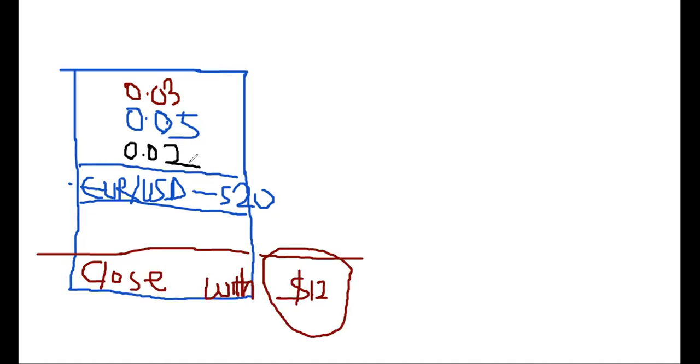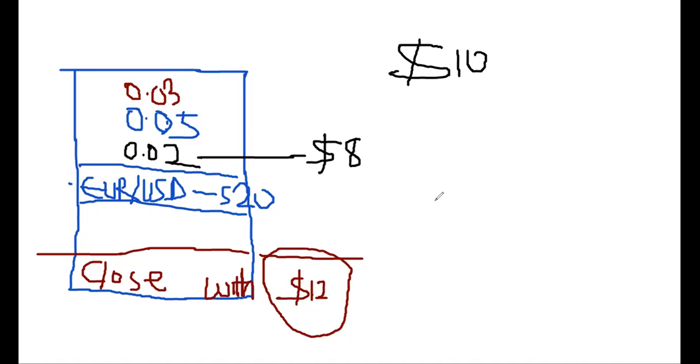This 0.02 you are left with, you leave it, I can bet you that you'll be left with probably like $8 running. So if eventually you make an extra $10 from that 0.02 that is running, you can now have a total of $22.